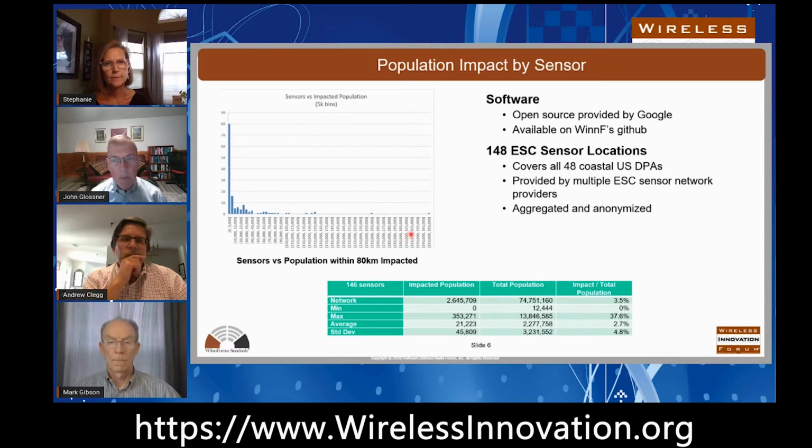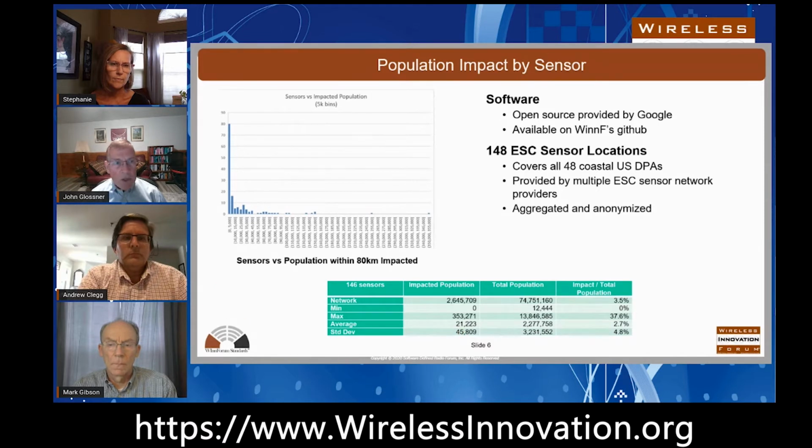And of course, populations along the coast are not evenly distributed. There are some very heavily populated areas, and some not so heavily populated areas. So on average, if you looked at those 146 sensors, they were impacting about 21,000 people, but with a pretty large standard deviation of 45,000.